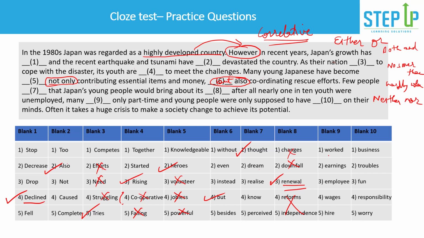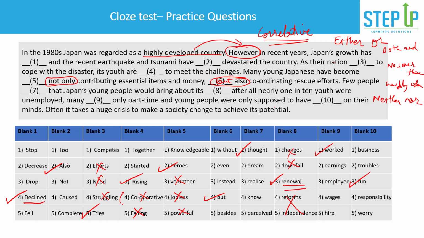Many dash only part-time. Many earnings, many employee, many wages higher. Many worked only part-time, and young people were only supposed to have fun, right? This makes more sense in their minds. So this is what the earlier belief was, but then often it takes a huge crisis to make a society change to achieve its potential.